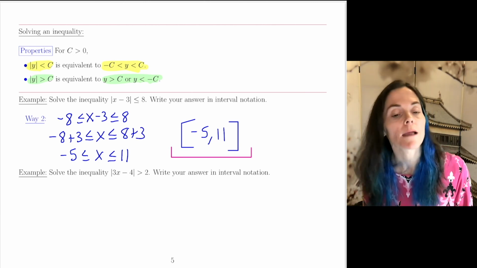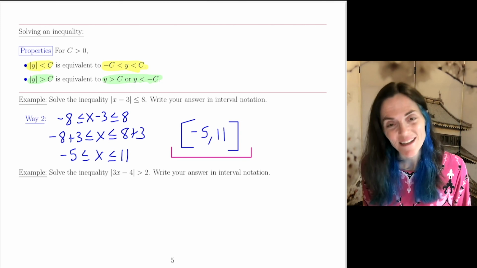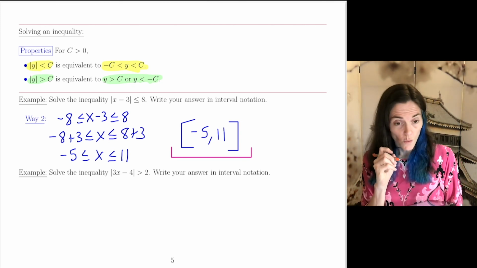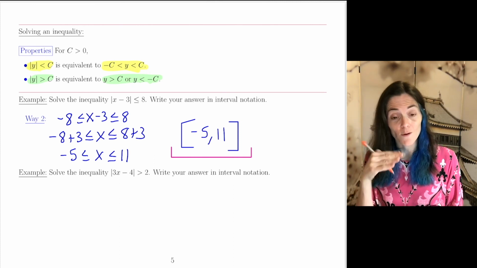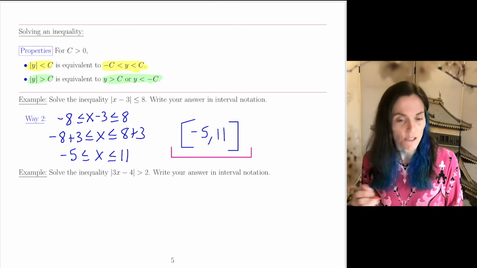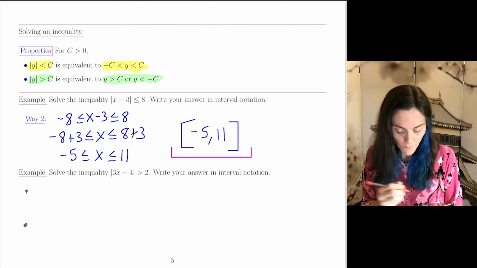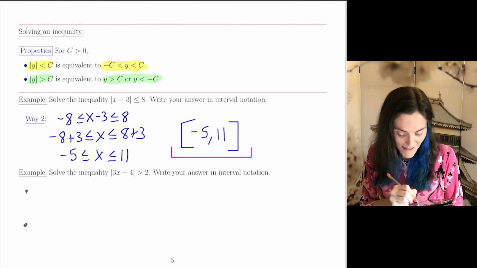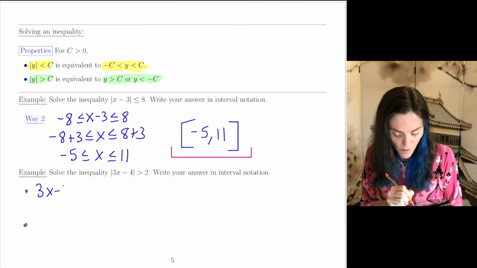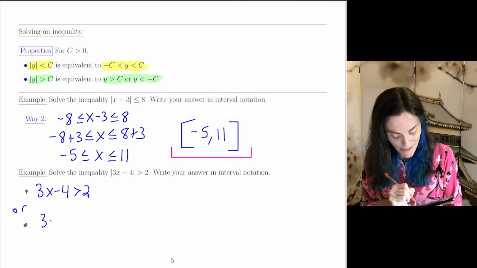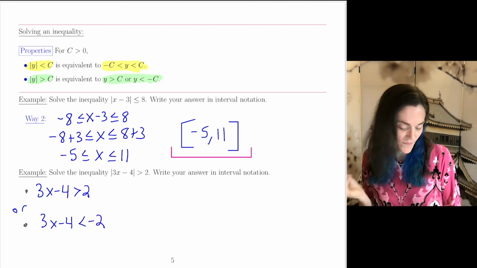Let's do one more. This one I think is easier to use properties than to try and use a number line. So we want to solve absolute value of 3x minus 4 greater than 2. There's two possible things here. One is that 3x minus 4 is bigger than 2, or we could also have 3x minus 4 is less than -2.